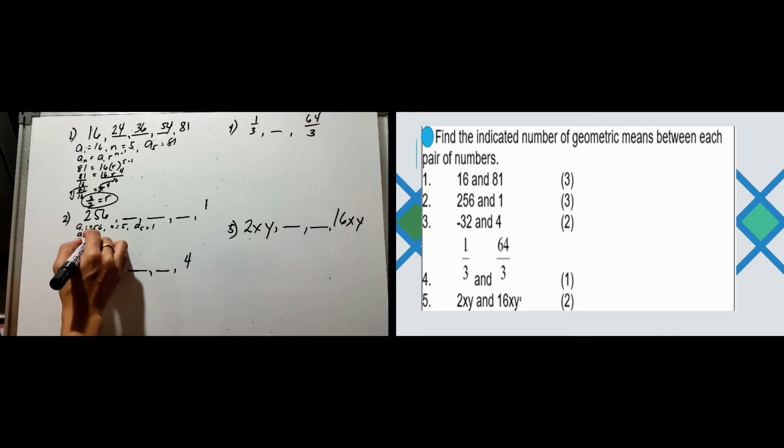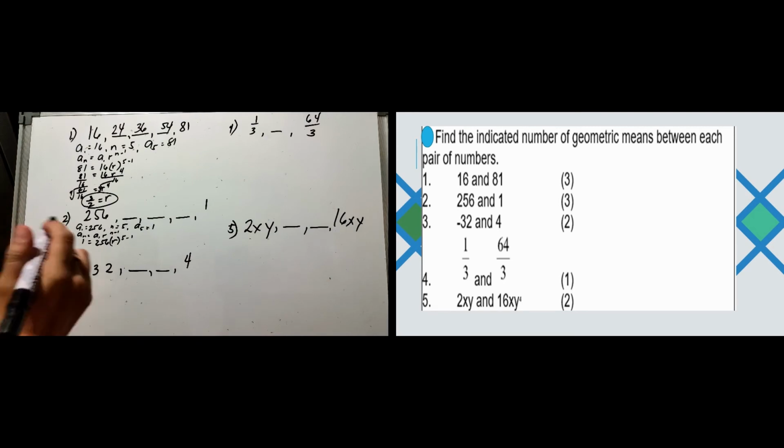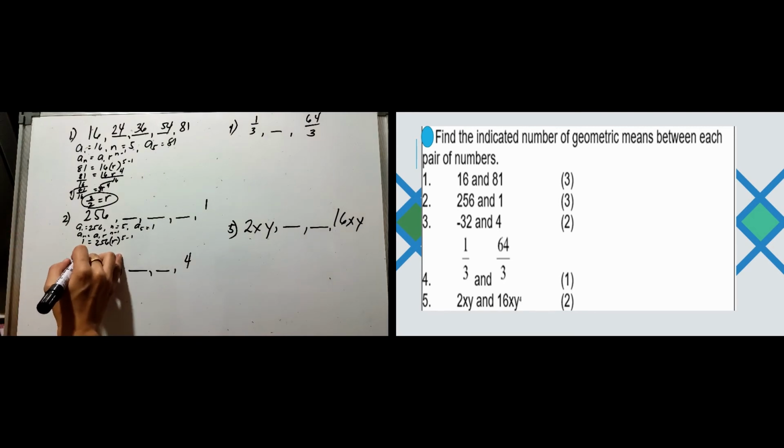So a sub n equals a sub 1 times the common ratio raised to the number of terms minus 1. So 1 is equal to 256 times the common ratio, then the number of terms is 5 minus 1. So we're going to divide both sides by 256, then r to the 4th power.